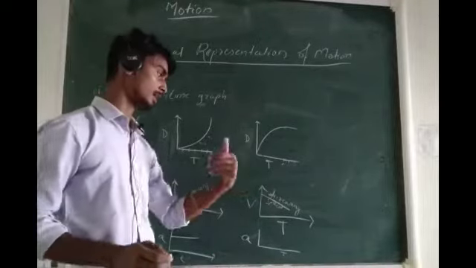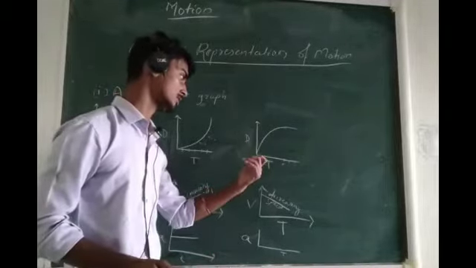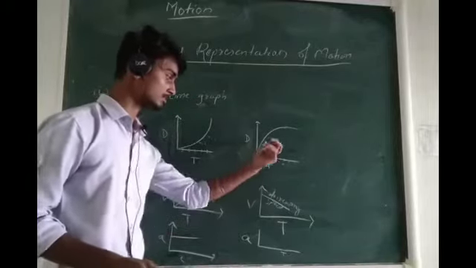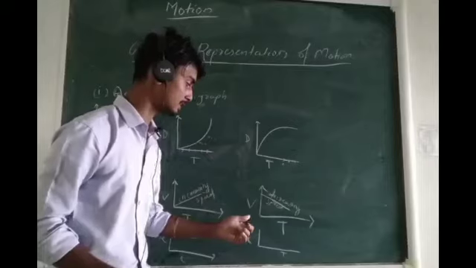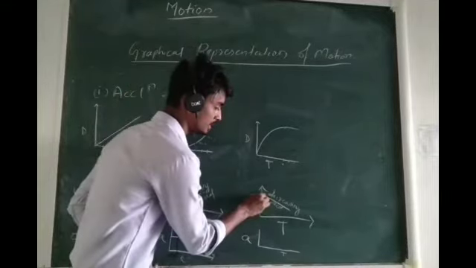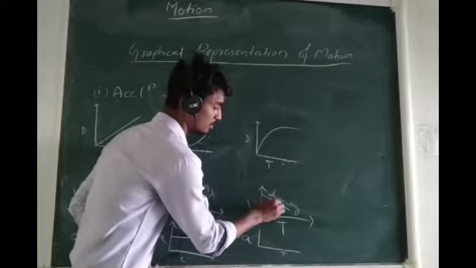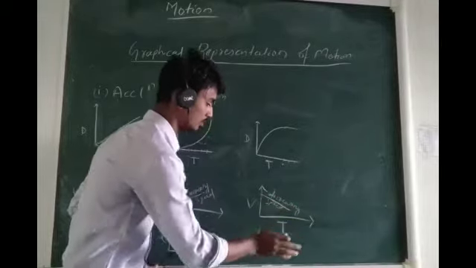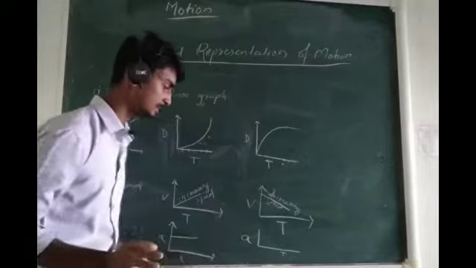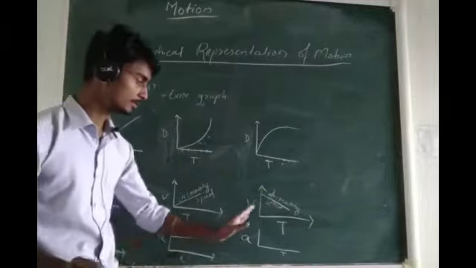Now let us come to the third case, where the amount of distance covered by the body goes on decreasing with respect to time. It just means that its speed is decreasing, from a certain value. So if we draw the graph of this decreasing speed in an acceleration time graph, it will be negative.